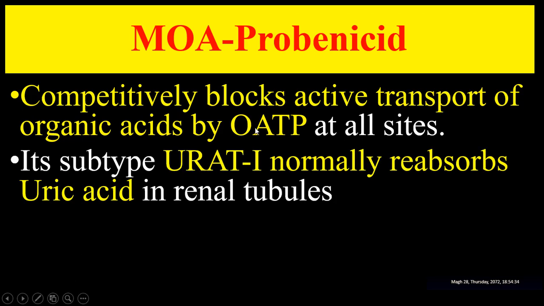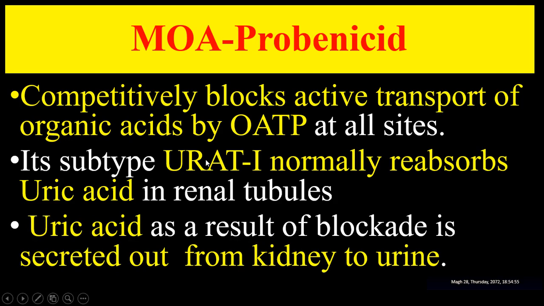There is one subtype, URAT1, which normally reabsorbs uric acid. So if URAT1 is inhibited, what will happen? Yes, it is inhibited, so uric acid is not reabsorbed. That means uric acid is secreted out from the kidney into the urine.